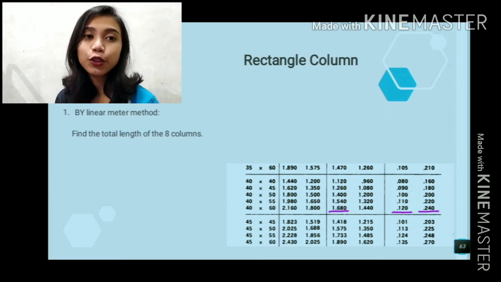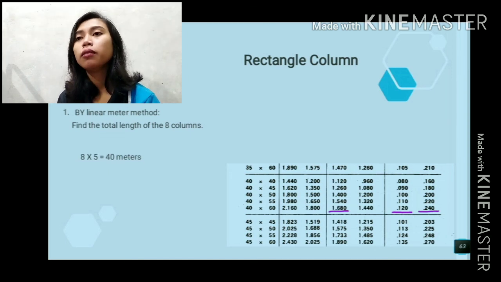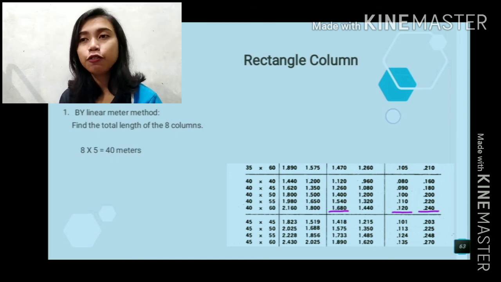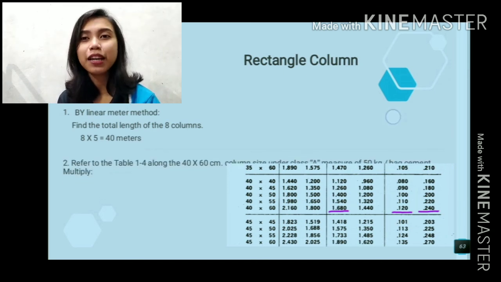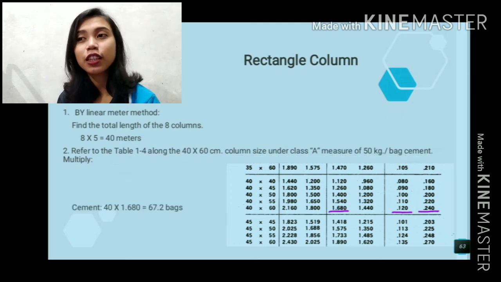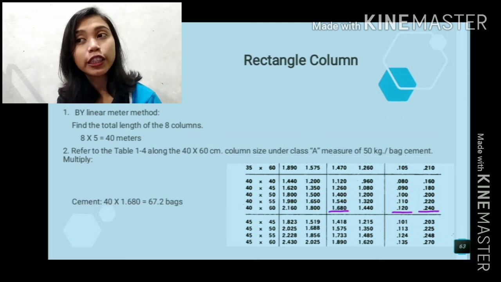So for its solution, by the linear method, we'll find the total length of the 8 columns. So 8 columns multiplied by the height, which is 5 meters, is equal to 40 meters.